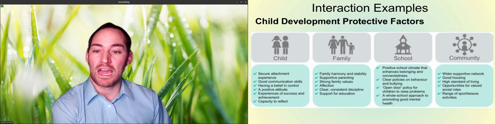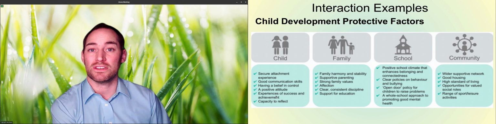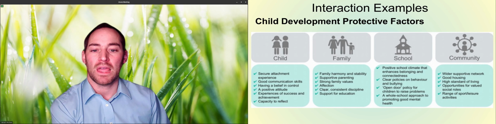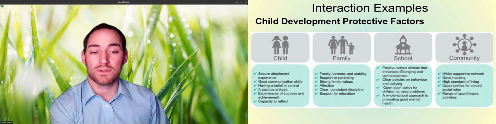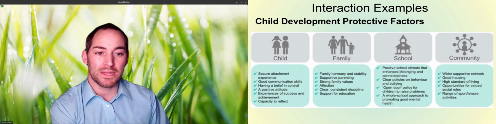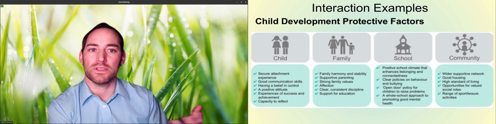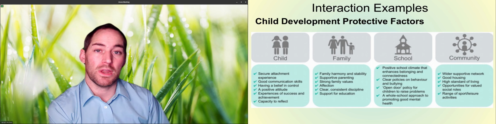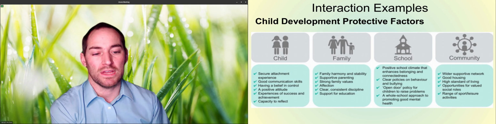Secure attachment in childhood, having positive attitudes, experiencing success and achievement and gaining self-efficacy, having affectionate and supportive parenting, a positive school climate. Basically, a positive school climate is just that the people in the school do not allow discrimination, bullying, things like that. They're really positive. They focus on building a community within that school.